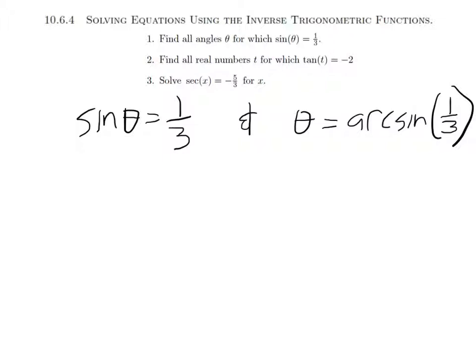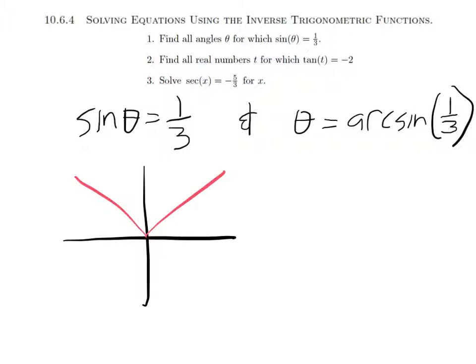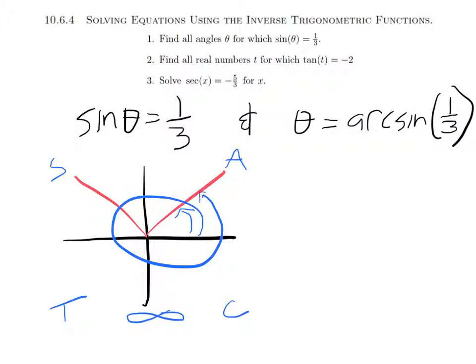Specifically, the solutions for sine theta equals 1/3 exist somewhere in quadrant 1 and somewhere in quadrant 2, because all students take calculus: quadrant 1 and quadrant 2 are where sine is positive. Positive 1/3, somewhere in there. But not just quadrant 1 and quadrant 2, but an infinite number of solutions because you just keep moving around. For example, that value, but you can also get that value, etc. There's an infinite number of solutions.